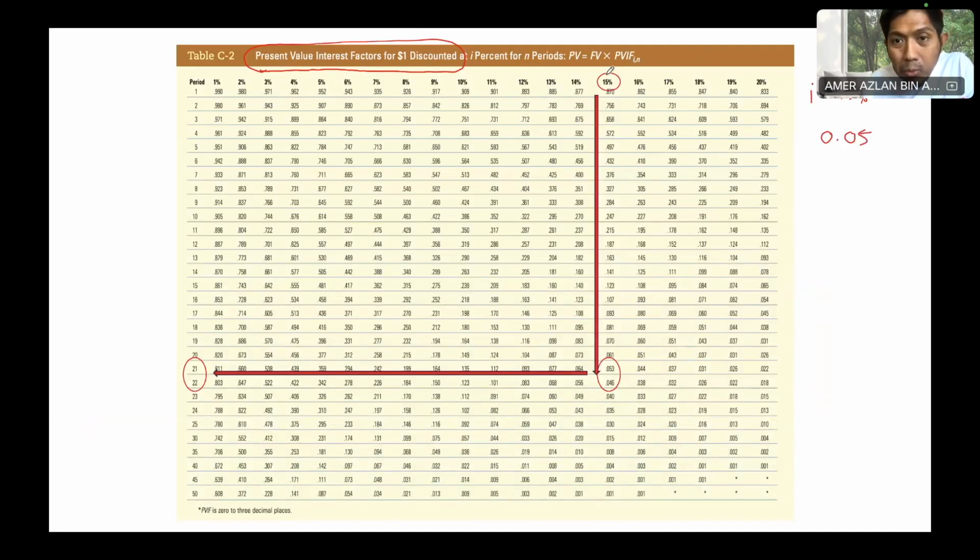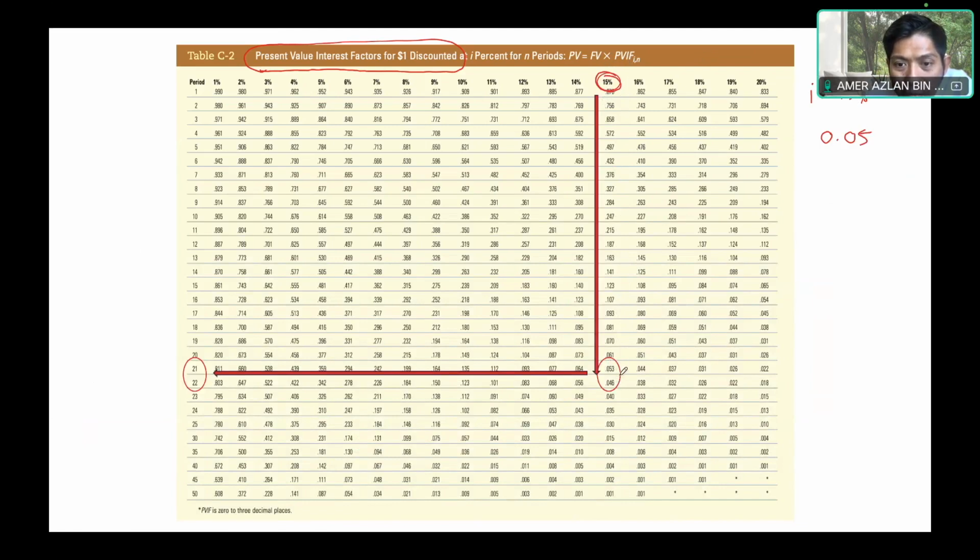So simply go to 15% of return. You scroll down further until you find the figure of 0.05. So here we have 0.09, 0.08, 0.07, 0.06. There you have 0.053 and 0.046.